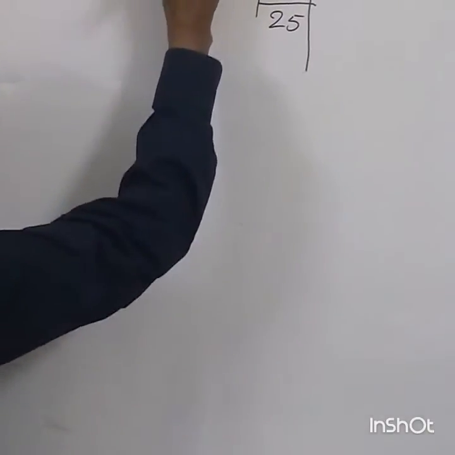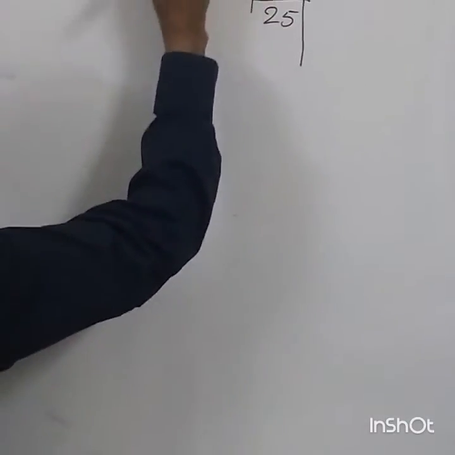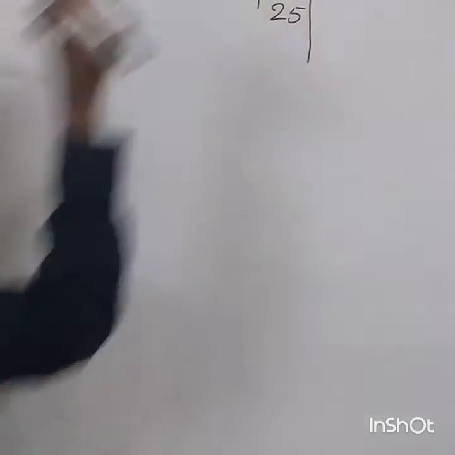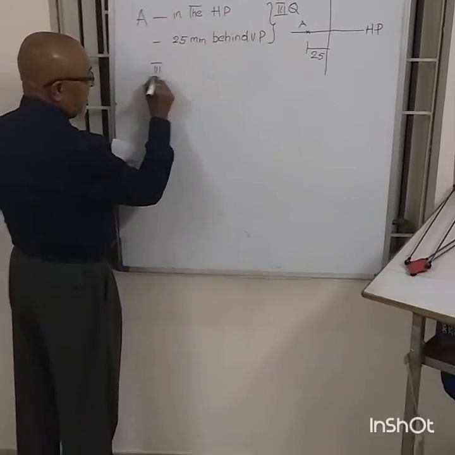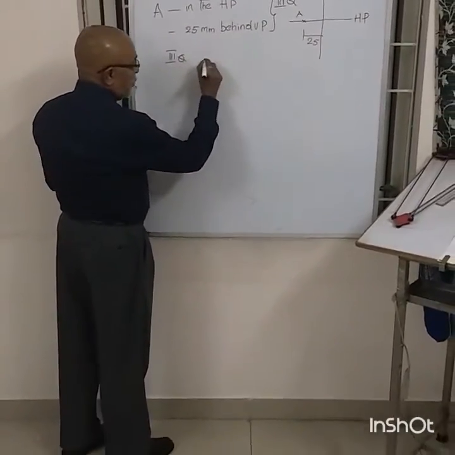And as we know, in the third quadrant, your top view will be above the reference line XY and your front view will be below the reference line XY.